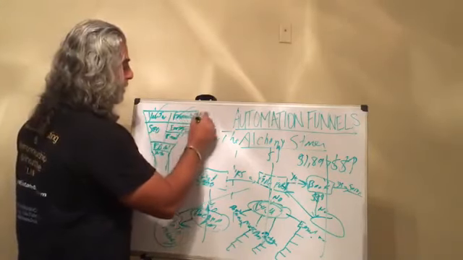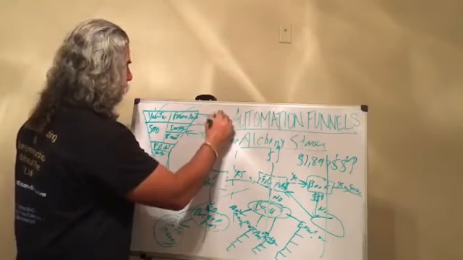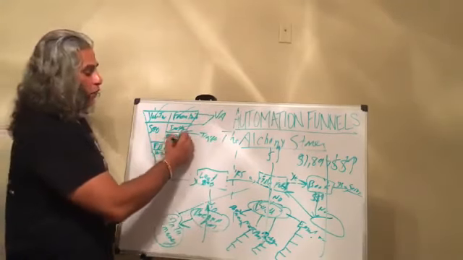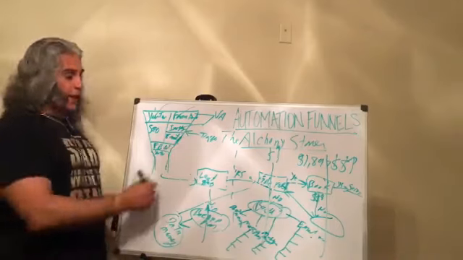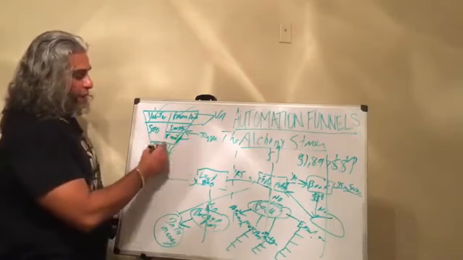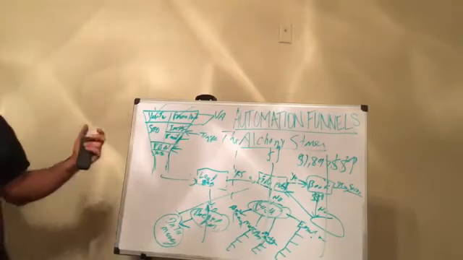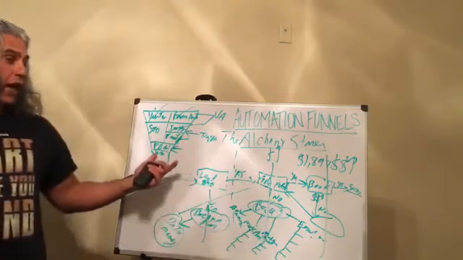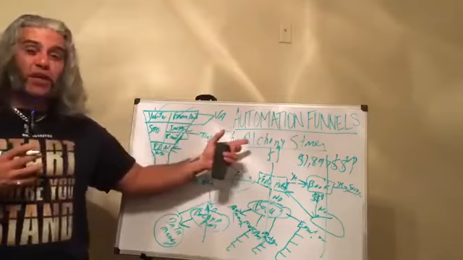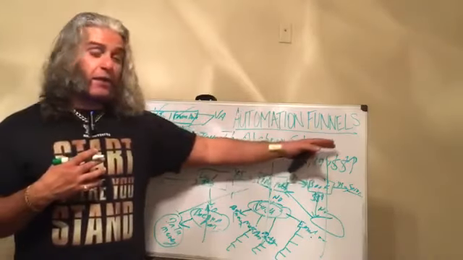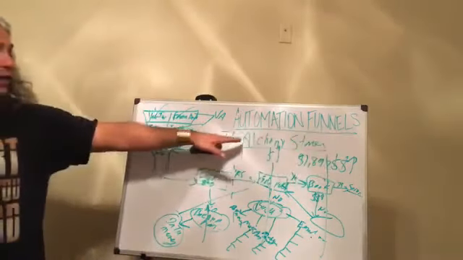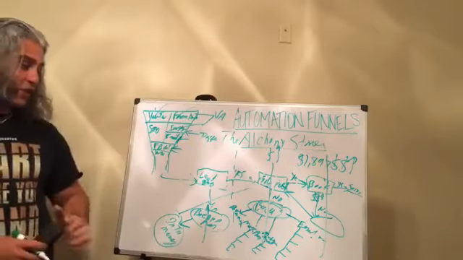Instagram, these things I outsource to VAs, okay? The email, Soraya takes care of that, okay? And this I take care of, and it's very, very complex, but if you have somebody showing you how to do it, like I do in the Alchemy class, it makes the whole thing so much easier.